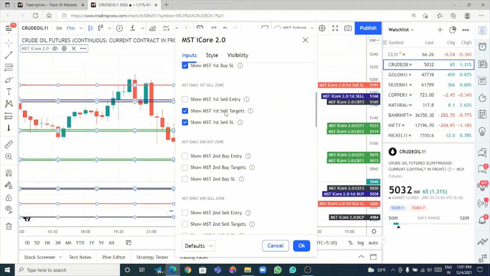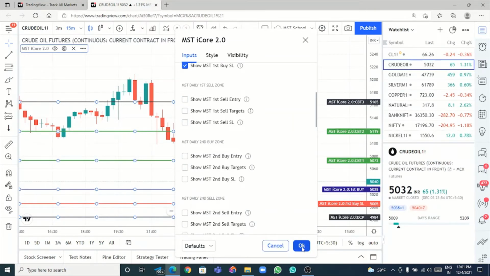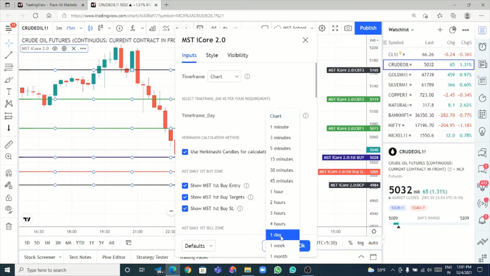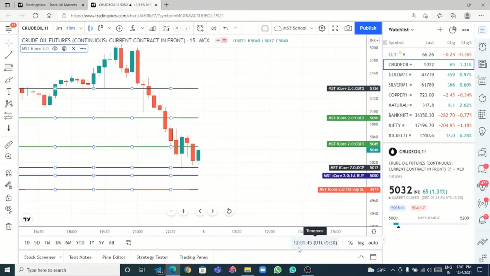If this also is breached, then you can change to second buy and second sell. So whichever is matching, that side you can go for the entry.